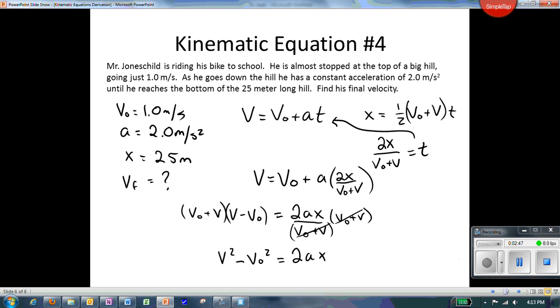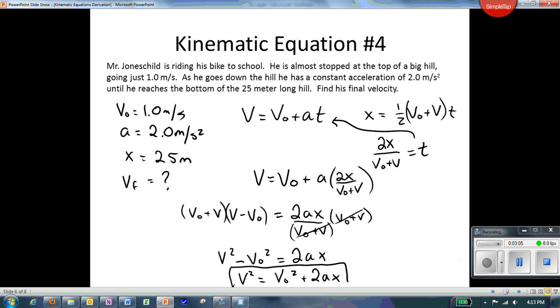You might pause this right now and make sure you know how to do that algebra. Finally, if I solve for the final velocity, I get that the final velocity squared equals the initial velocity squared plus 2ax. This is our fourth and final kinematic equation.